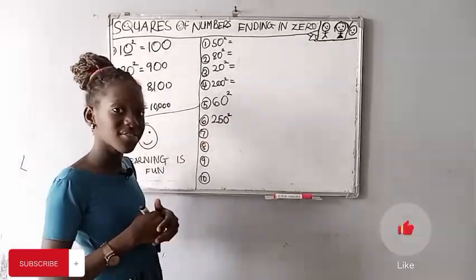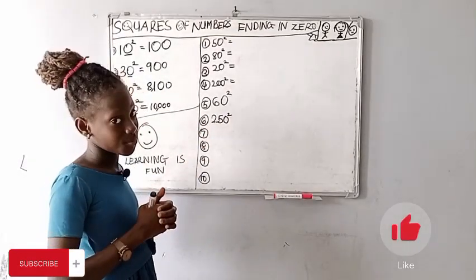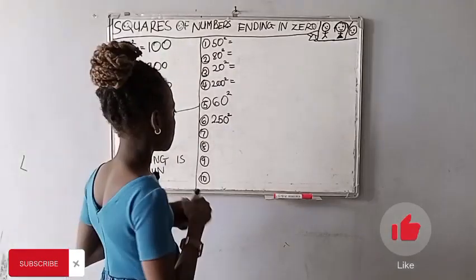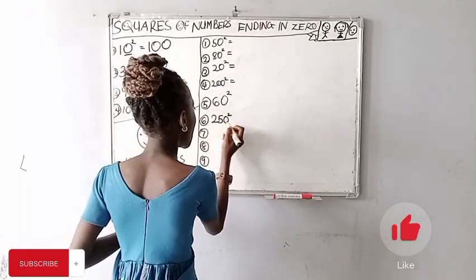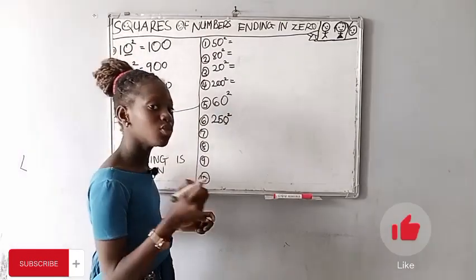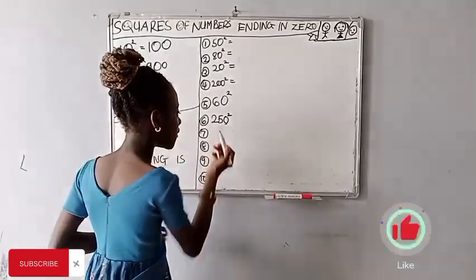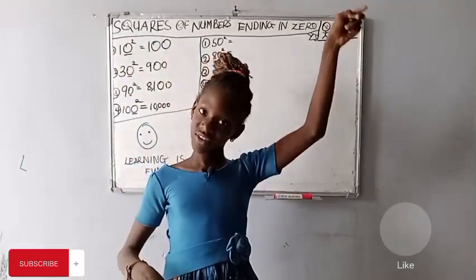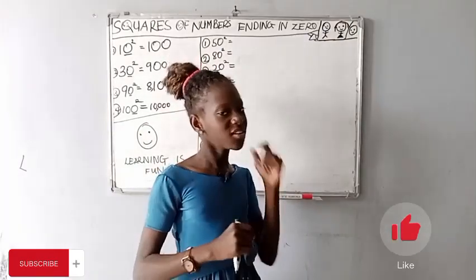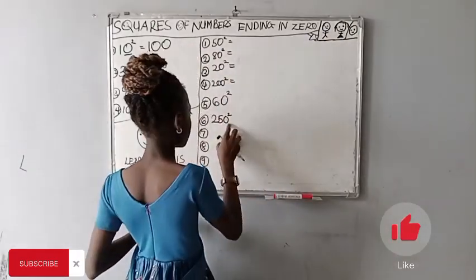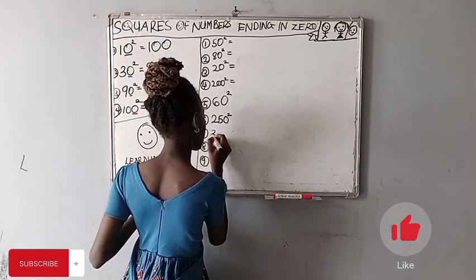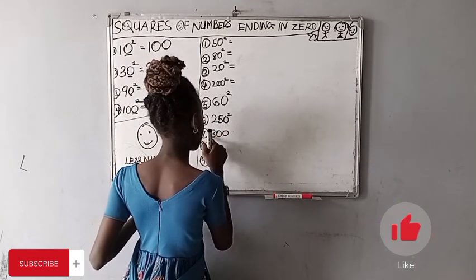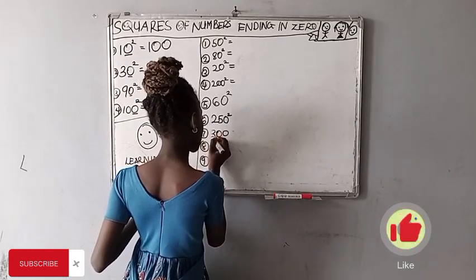Can you solve this? I hope you can. Because this one, when you mark out this 0 to now find the square of this 25, brings out the other technique. I hope you will be smart to solve this. This is 300, sorry.